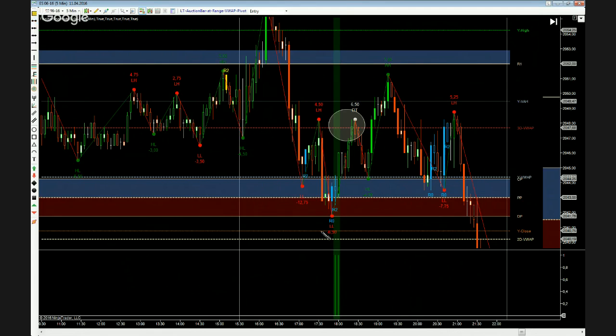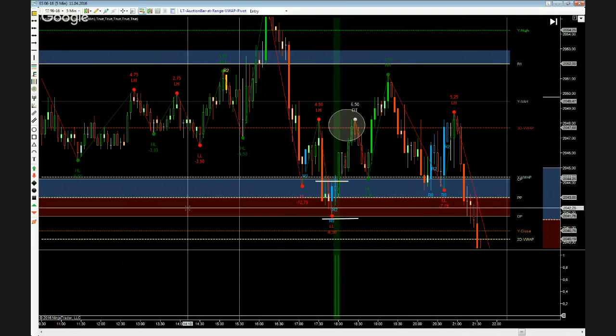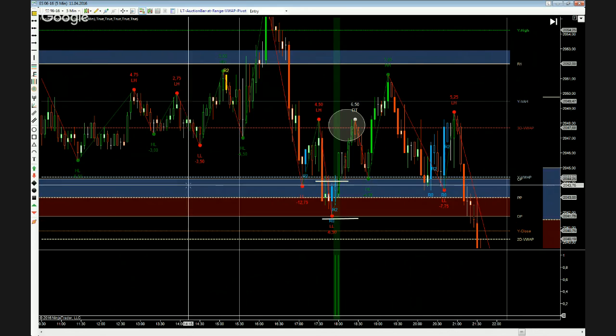So again, setting a stop loss for this signal just below the low of the signal bar, and our entry would be at the breaking of this level here. So point wise, we have 41.50 as a stop loss and 44 as an entry point on this, so 2.5 point risk.